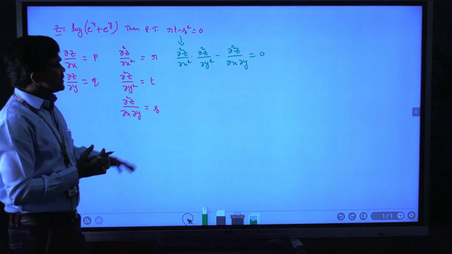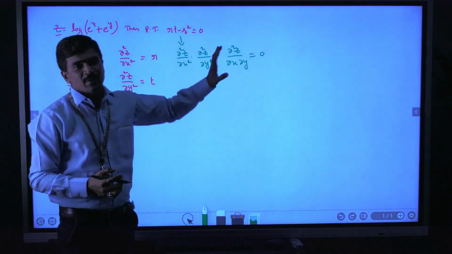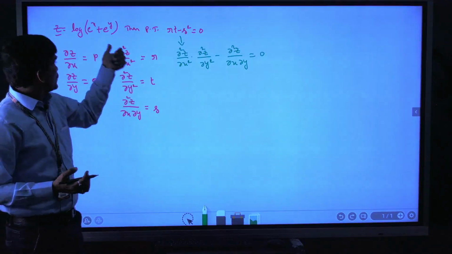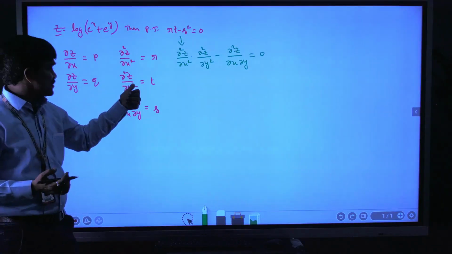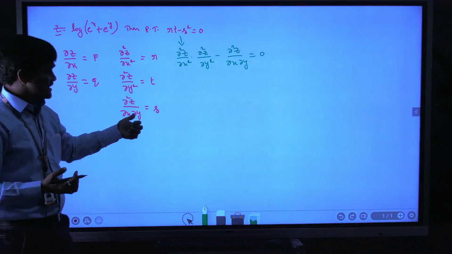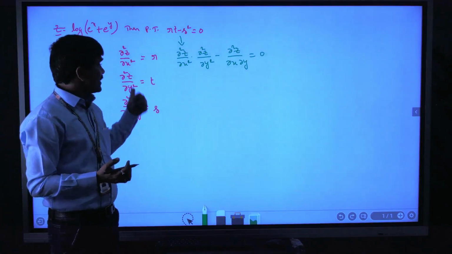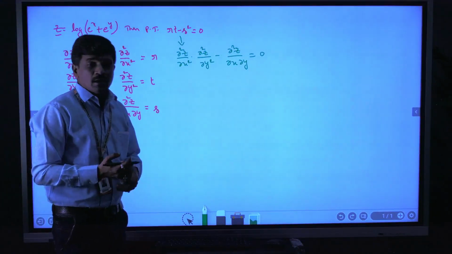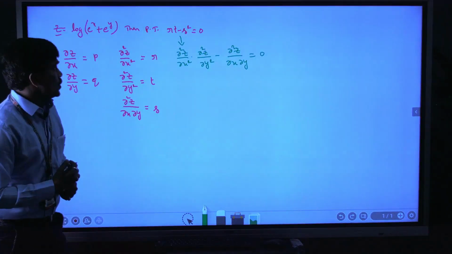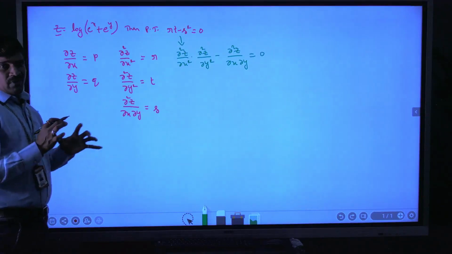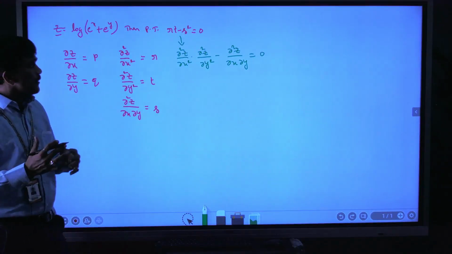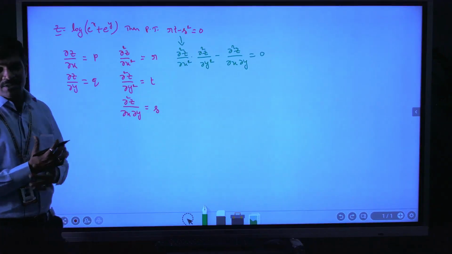We have to prove this. Simply find the second order partial derivatives of z with respect to x twice, with respect to y twice, and with respect to x and y, then substitute these values in this expression, and we get 0. This is a brief explanation of partial differentiation and problems on it.